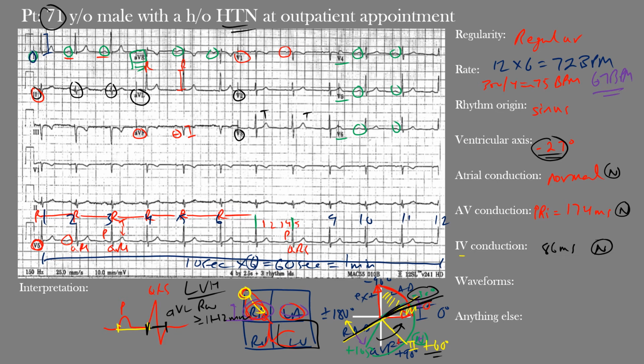The only supporting evidence of left ventricular hypertrophy here is the more leftward shift in the ventricular axis. We saw negative 27 degrees, right on that borderline, as well as the patient's history of hypertension, right? Our patient has hypertension, and because of that, remember, the left ventricle may hypertrophy to get bigger and overcome that systemic resistance.